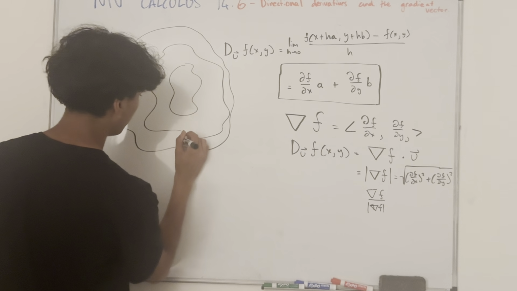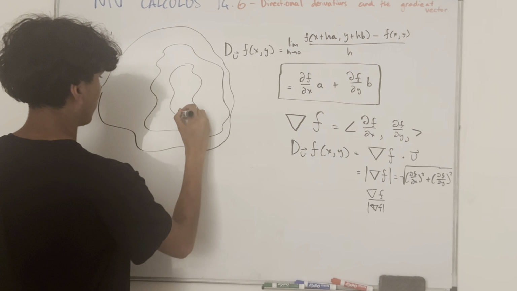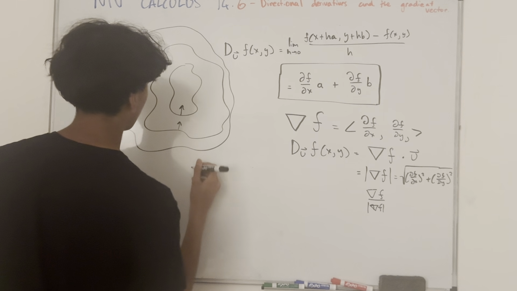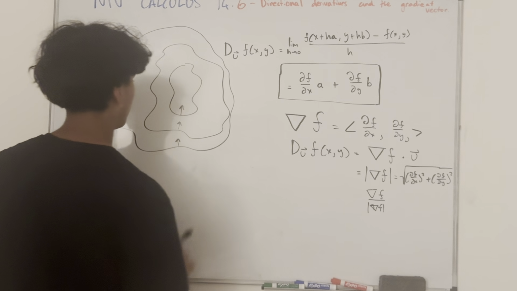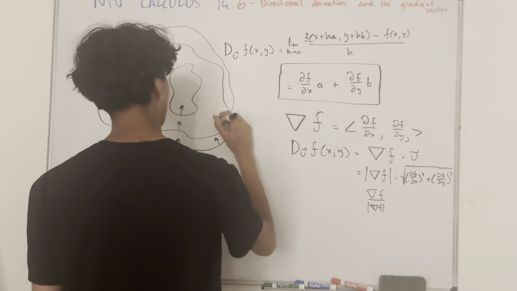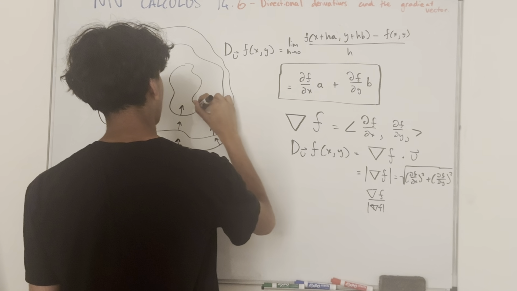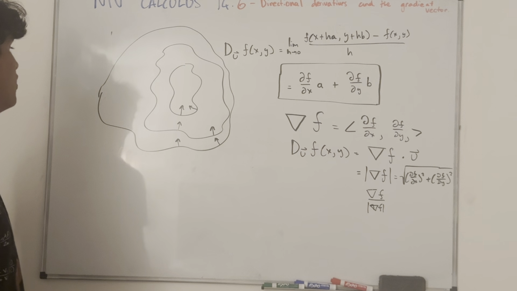So right here, you could see it's going to be like so. And it would be like so here. And then it would be kind of like so here. And you might be saying, how am I figuring this out? How am I just drawing in the gradient vector at each point?